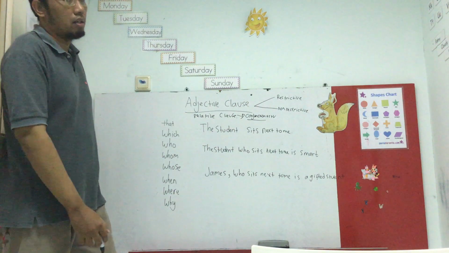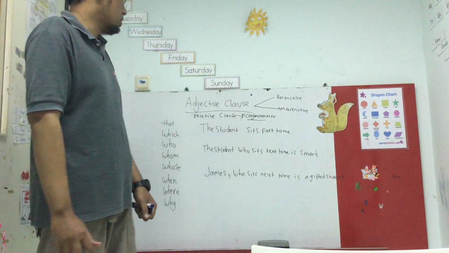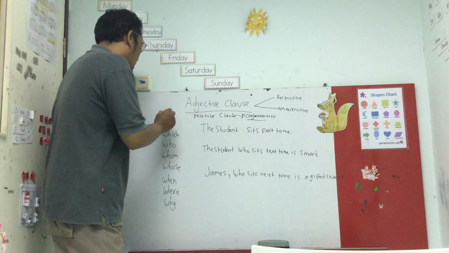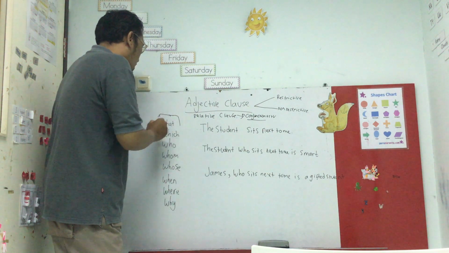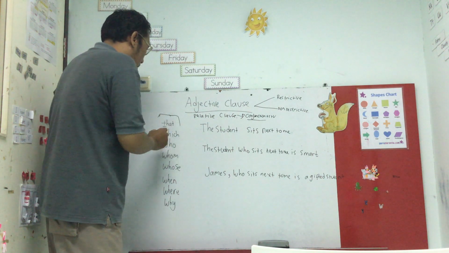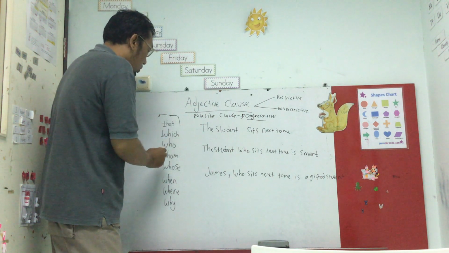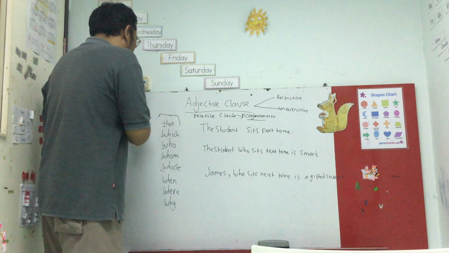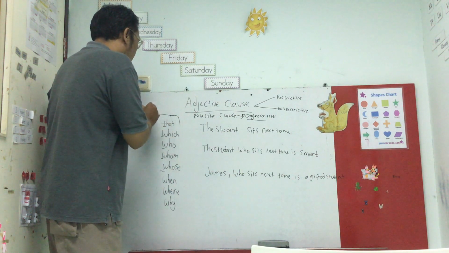Okay, that is the conjunction. And the conjunctions are over here. We have relative pronouns: that, which, who, whom, whose. This is what we call the relative pronoun.